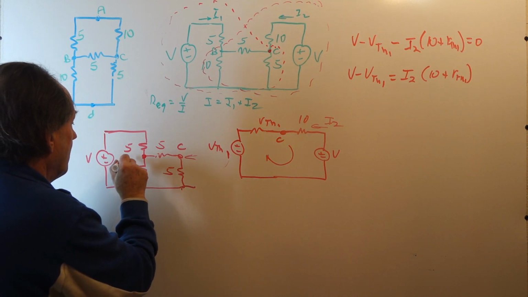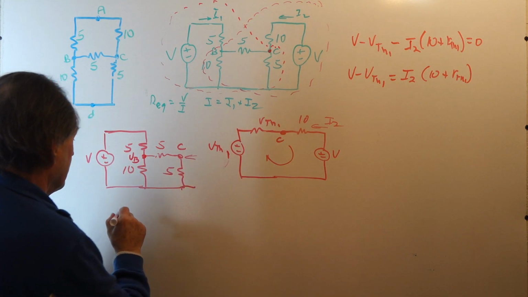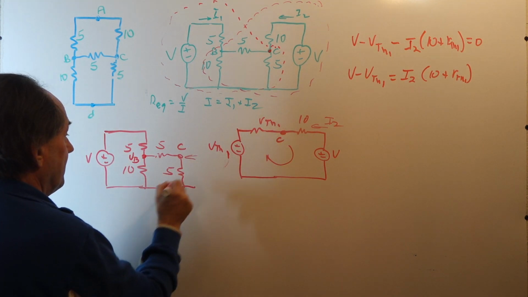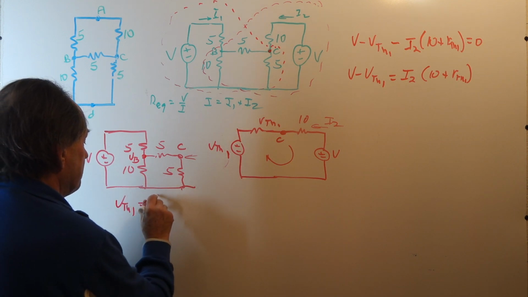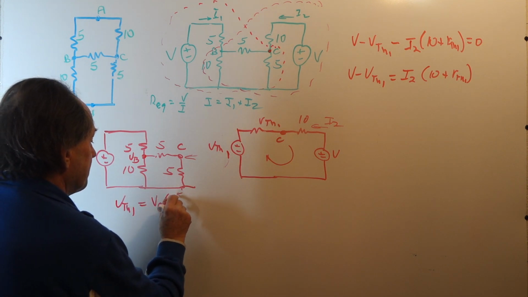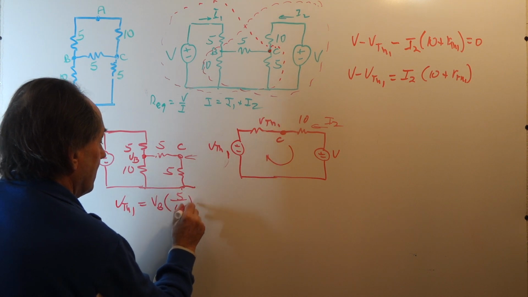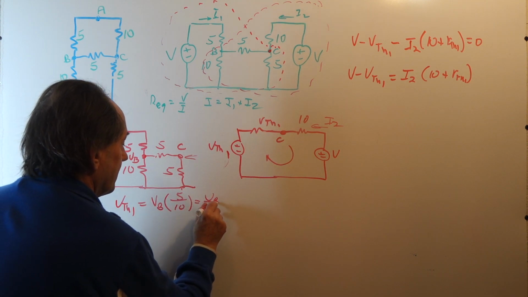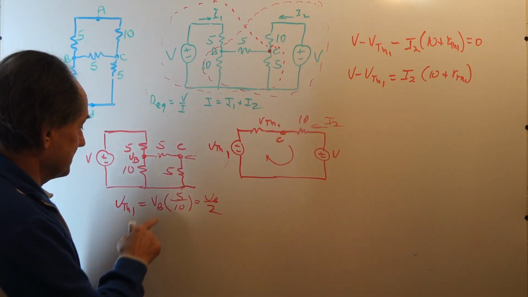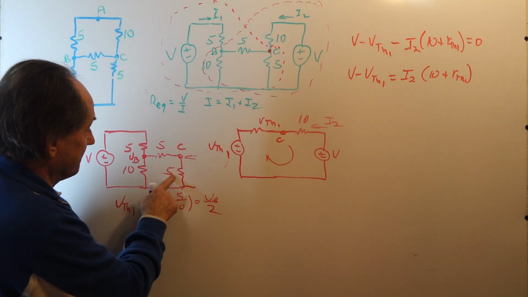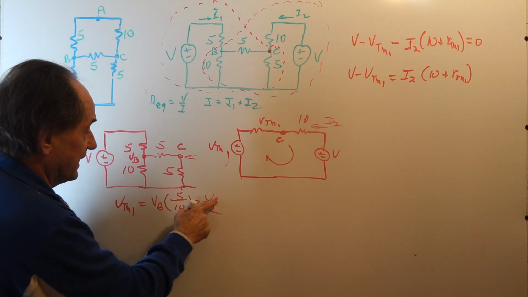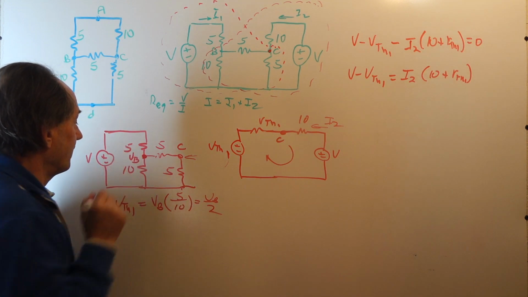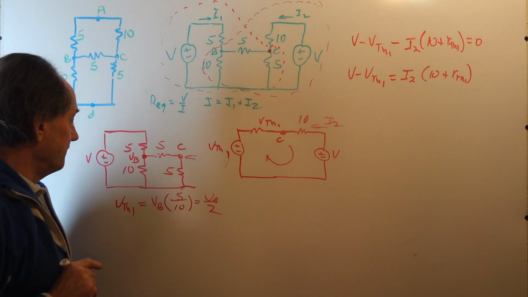So if I know VB in this case, then VTH1 will be VB times 5 over 10, or VB over 2. Because this is the voltage divider. It's 5 divided by the sum of the two resistors, 5 plus 5, or 5 over 10, or VB over 2. So if I know that voltage, then I have VTH1.